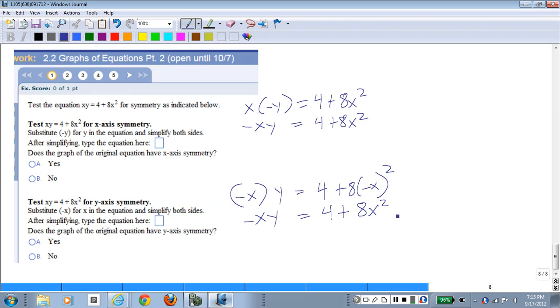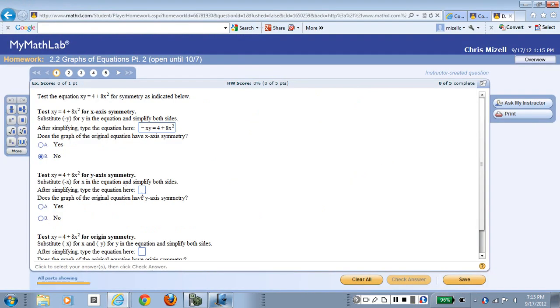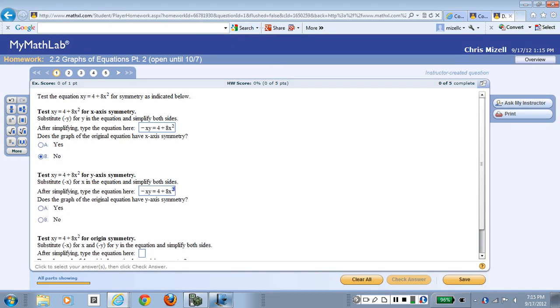So basically the same thing we got when we were testing for x-axis symmetry, negative xy equals 4 plus 8x squared. So again, that's a no. It's not identical to the original, it's not equivalent to the original.